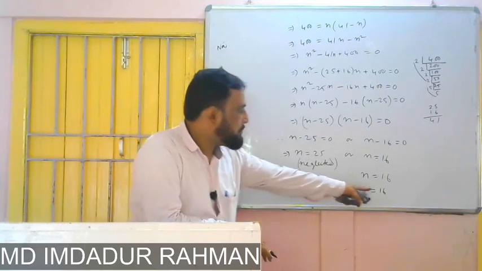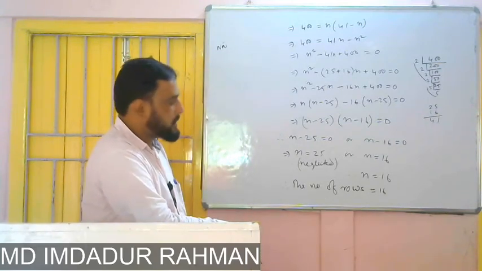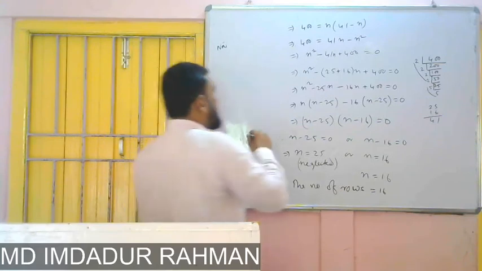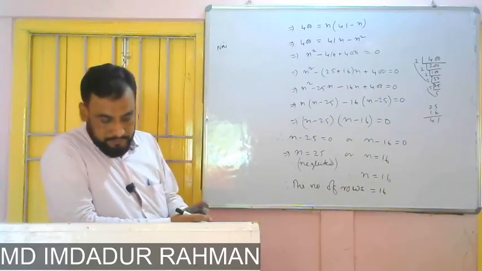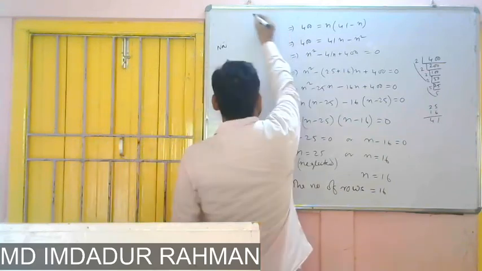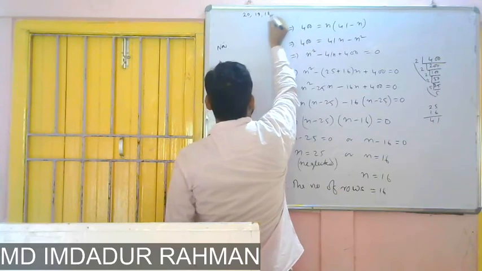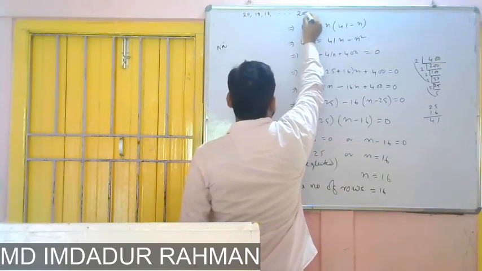This is the number of rows, that is n is equal to 16, and we have the series 20, 19, 18, and the sum is 200.